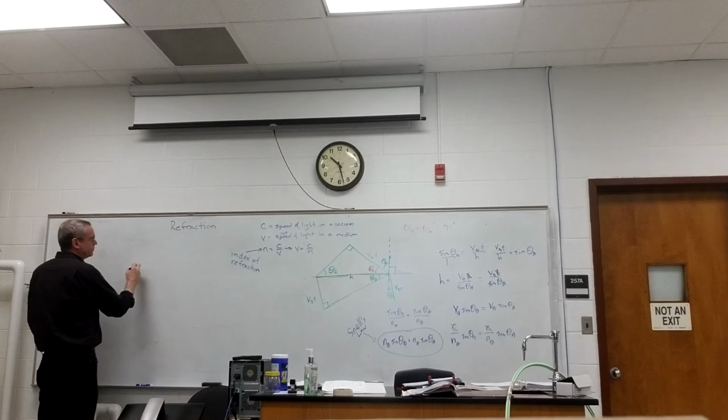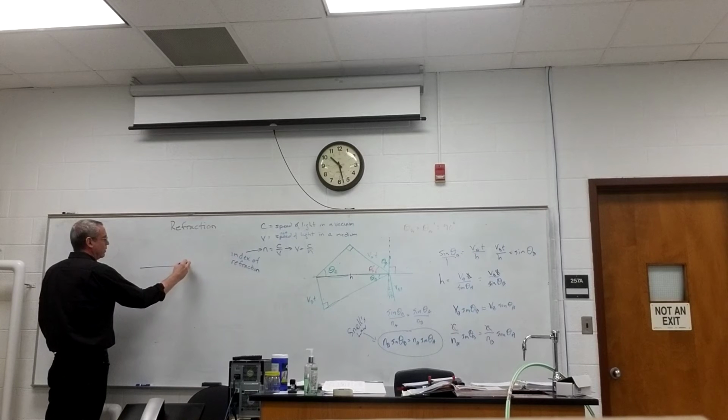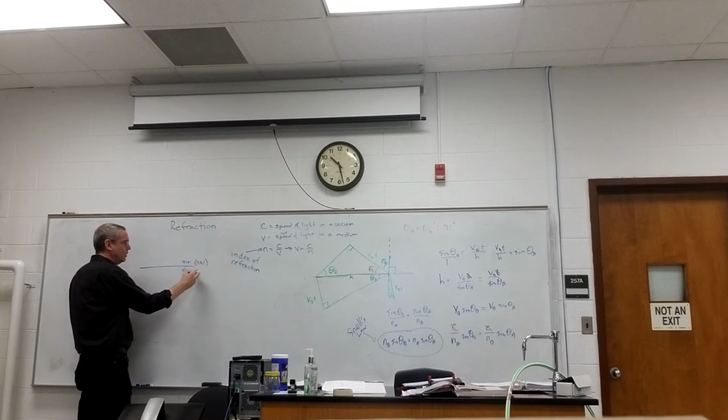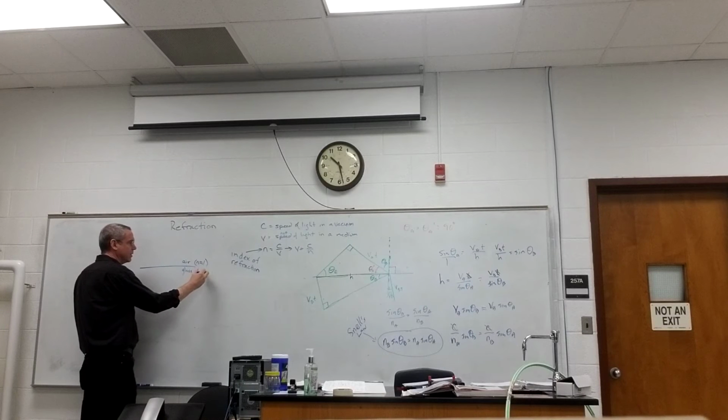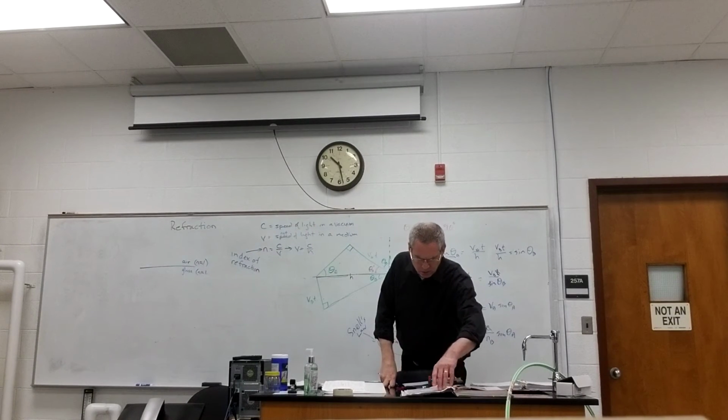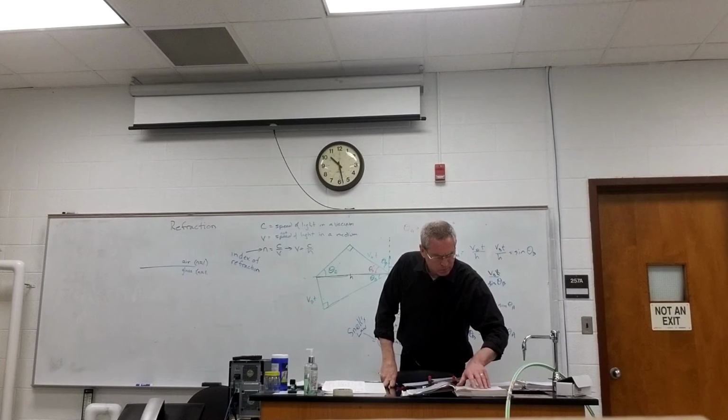All right, so as an example, if this is air and glass, index of refraction of air is approximately equal to 1. Index of refraction of glass is approximately 1.3. So the kind of glass, oh, no, sorry, 1.3 is water.